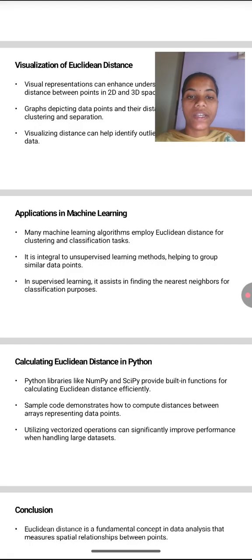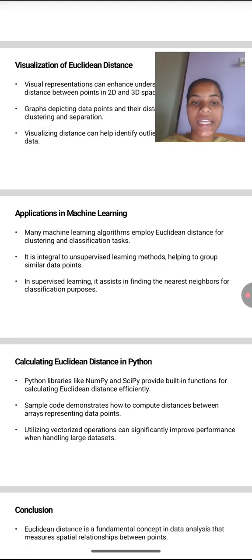Euclidean distance is used to group similar data points in the dimensional space. The second one is supervised learning. Supervised learning uses labeled data, which means the predefined data is present. So in supervised learning, it is used for finding the nearest neighbor for classification purposes.